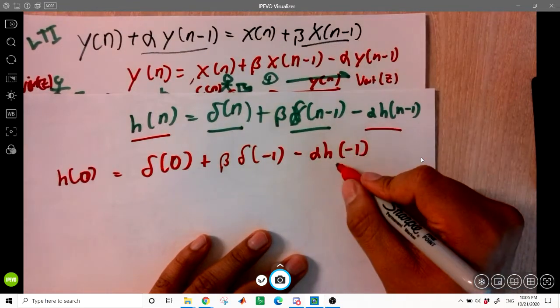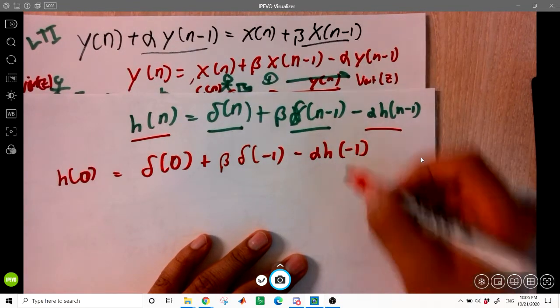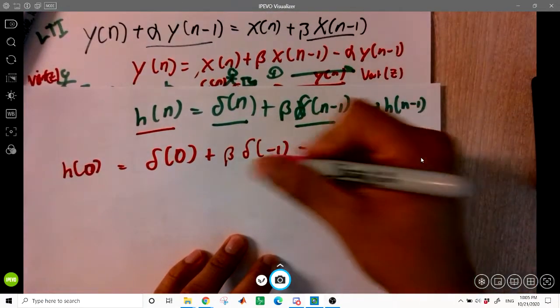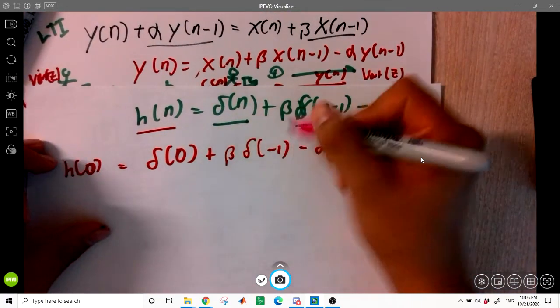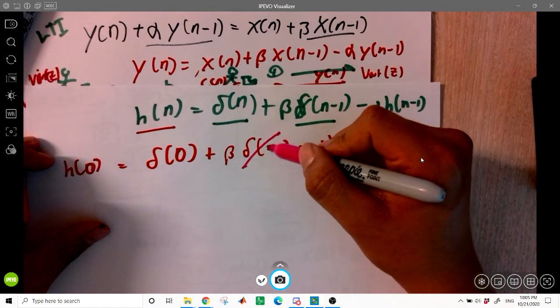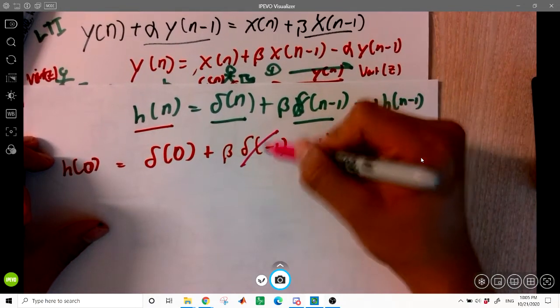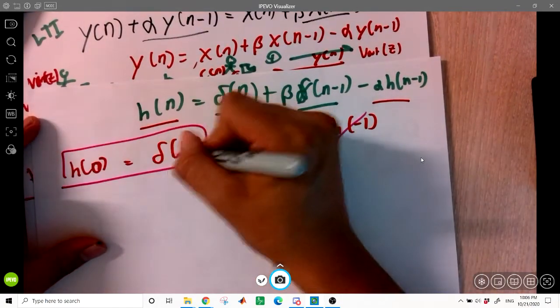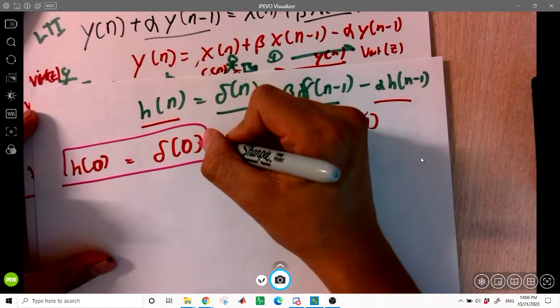We're assuming that nothing happened beforehand, so we're going to make that 0. This delta function only works at n equal to 0, so this term's out. That means you get your first term, which is a 1. This is the maximum you can ever get.